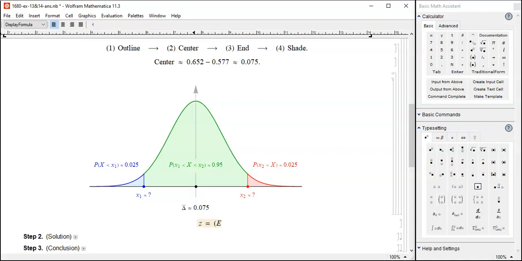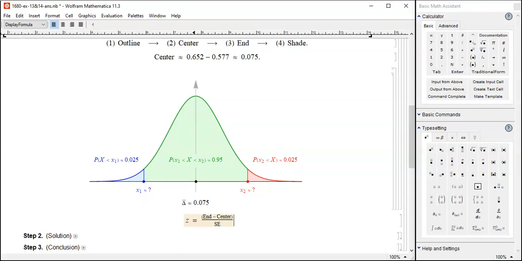Z-score is end minus center over SE, isn't it? And that's basically what you're looking for. You want to find this endpoint here using this formula, Z equals end minus center over SE.